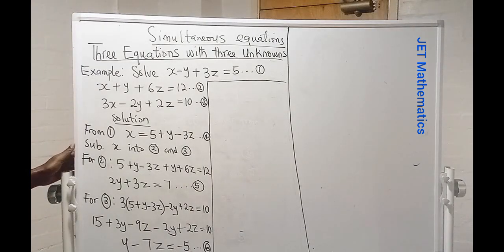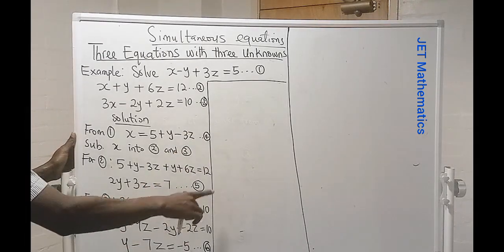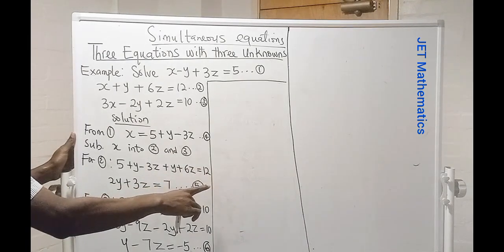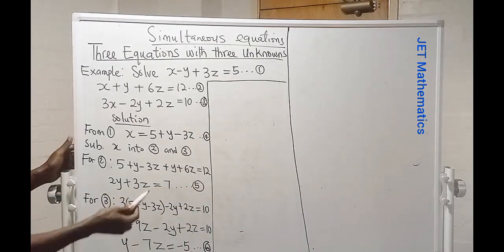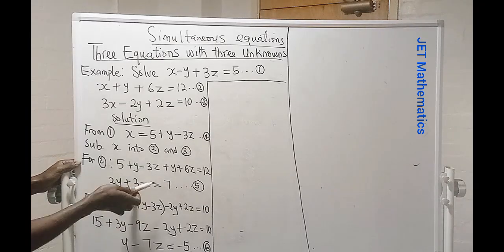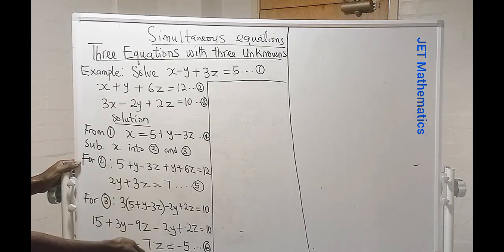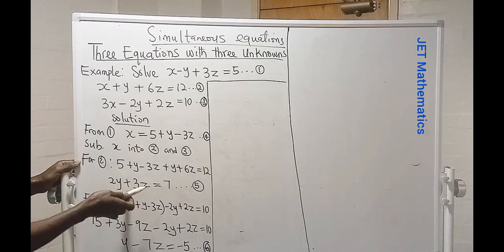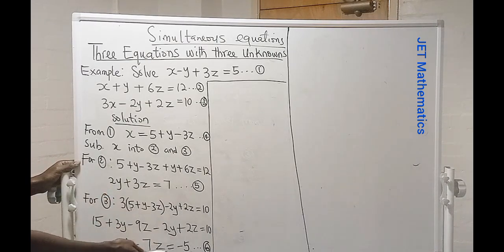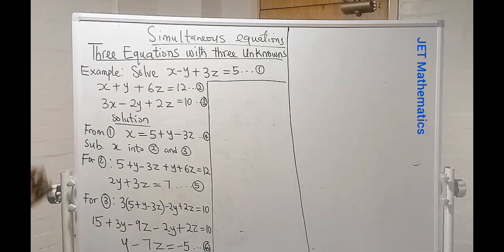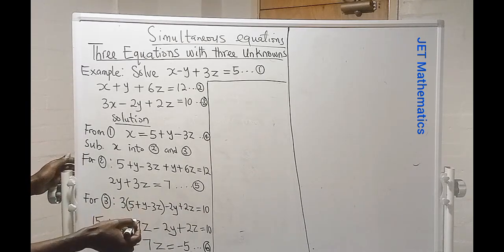Okay. So the next thing we need to do is to solve equations 6 and 5 simultaneously. If you observe, these equations have been reduced to two variables, y and z, so we can solve them simultaneously.